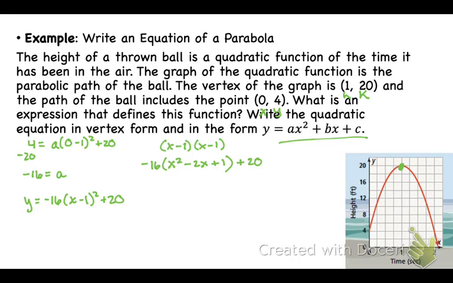Distribute. So I get negative 16x squared plus 32x minus 16 plus 20. Then what? You just combine like terms, right? Negative 16x squared plus 32x plus 4.